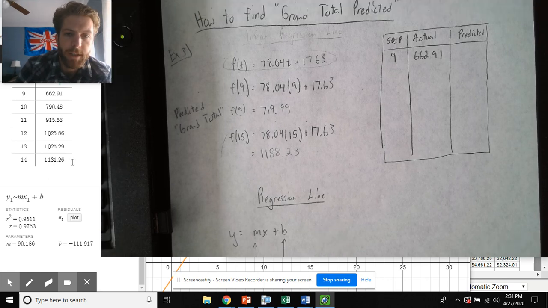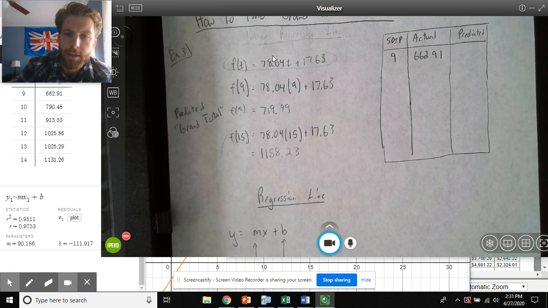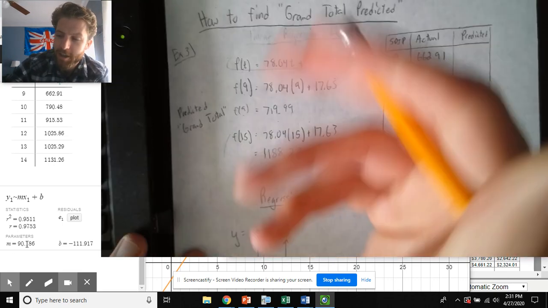What I did was I took the parameters for the equation and then plugged them into this formula here. So I actually did a different one in my previous example. So I'm going to use these numbers. I'm going to change it.